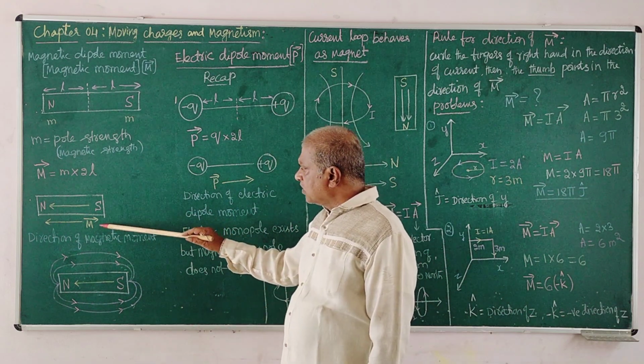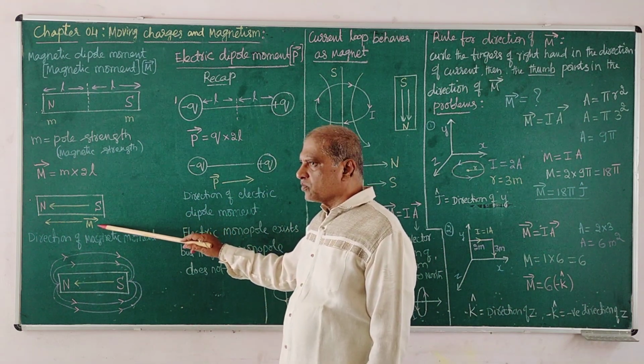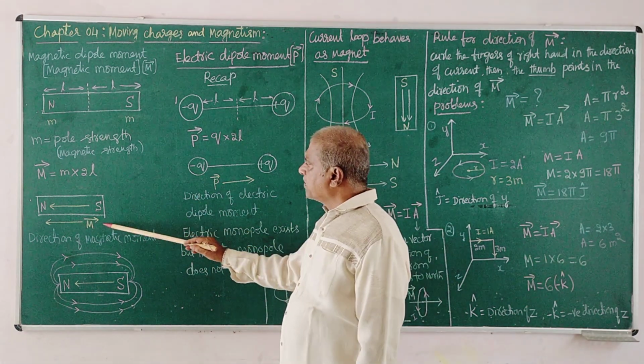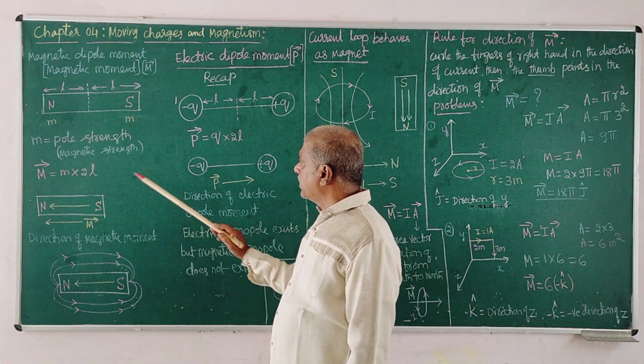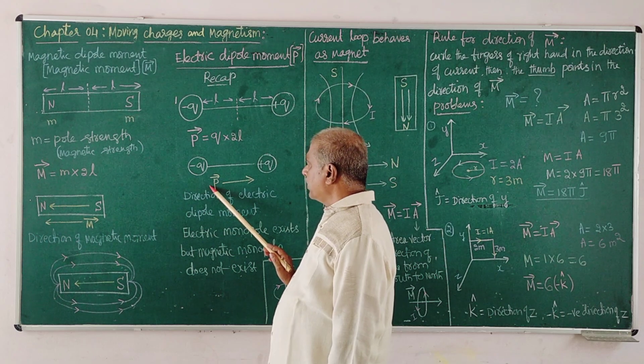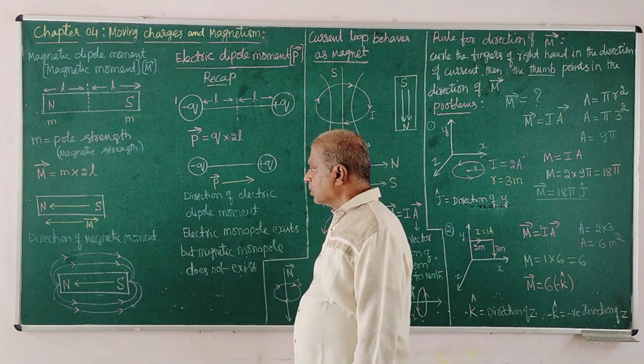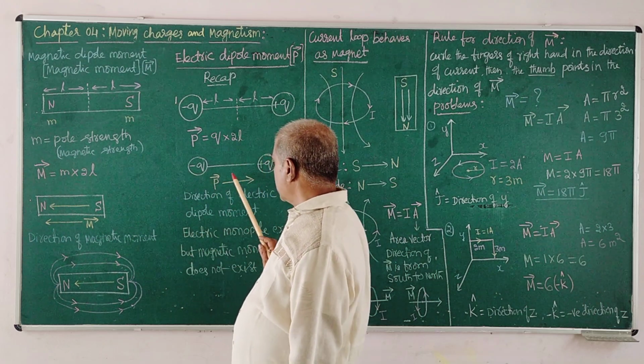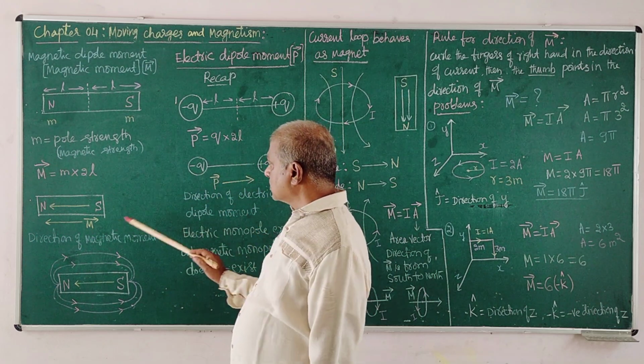What is the meaning of this? There is a definition. The magnetic dipole moment and electric dipole moment, M and P, have magnitude and direction. What does it describe?